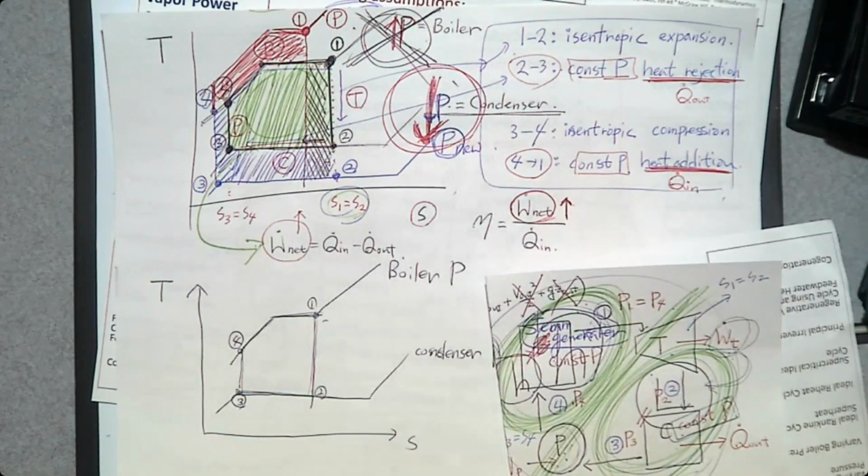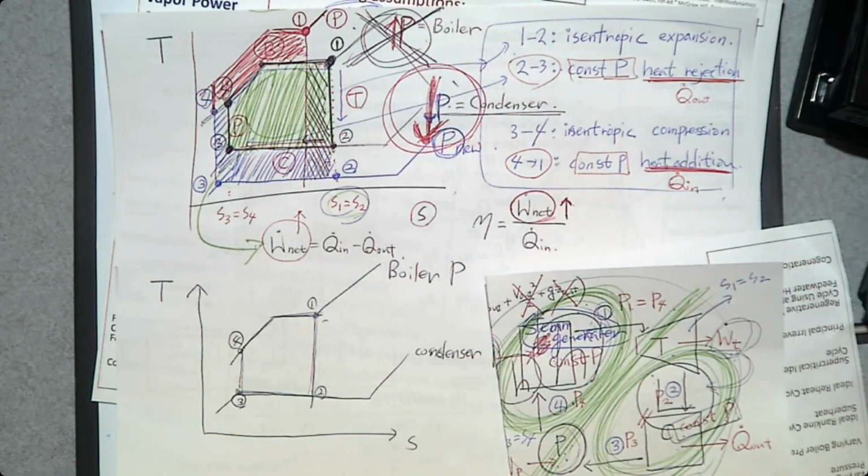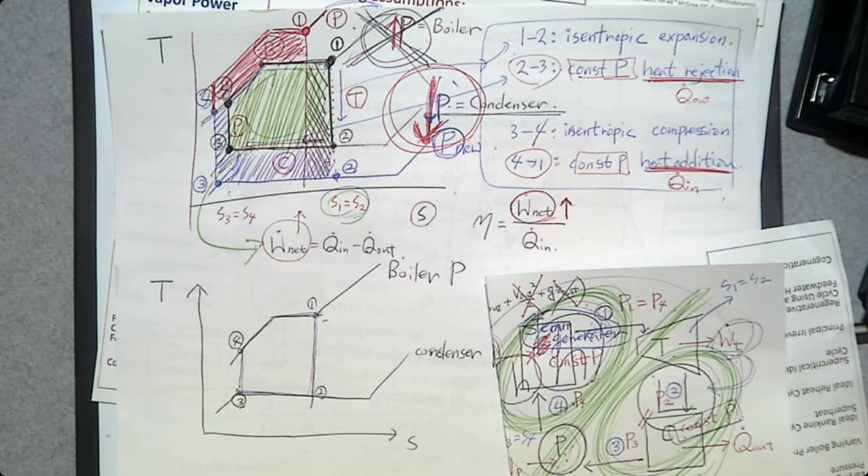Steam generator, boiler, they sound the same, but there is one major difference. At the exit of the boiler, we have a saturated vapor. But if you have a steam generator, we are going to increase the temperature and pressure of the steam, so we can obtain high quality steam.